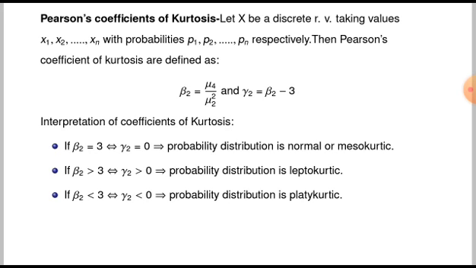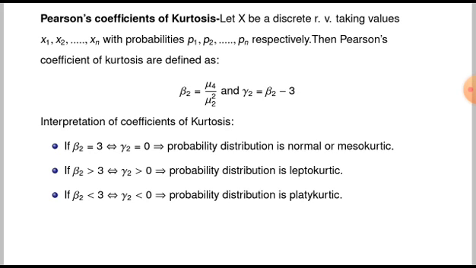Let X be a discrete random variable taking values x1 to xn with probabilities p1 to pn respectively. Then Pearson's coefficient of kurtosis is denoted by beta 2. Beta 2 is equal to mu 4 divided by mu 2 squared.